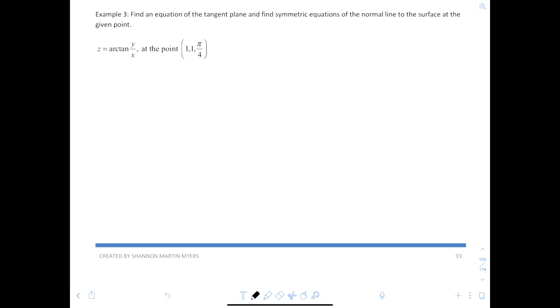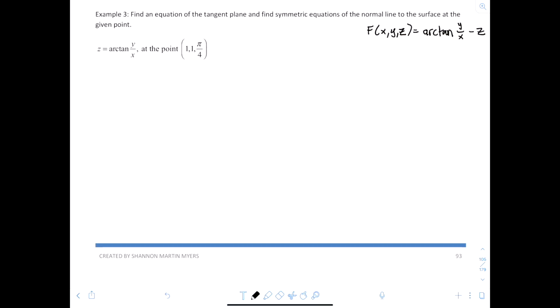So let's go ahead and do our work. So remember, f at x, y, and z is going to equal arctangent of y over x minus z.